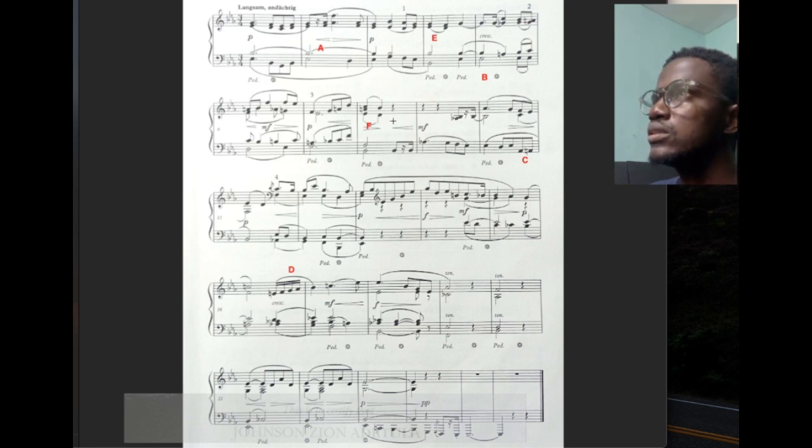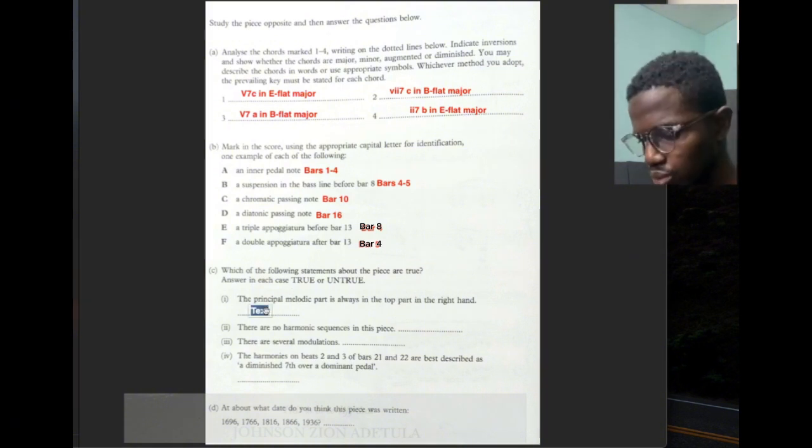Sequence rising here, bar 4 over 8. Now at this point, this is a melody starting here, then being answered here. So the melody was in the left hand at this point. So this is false, untrue.